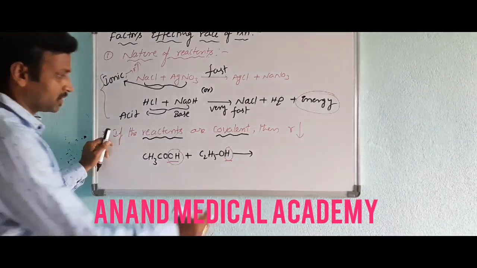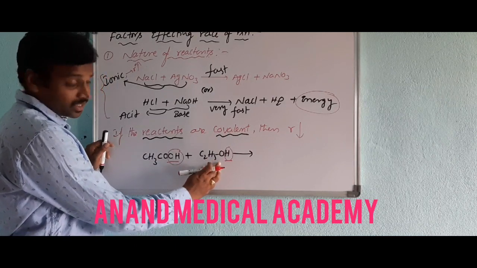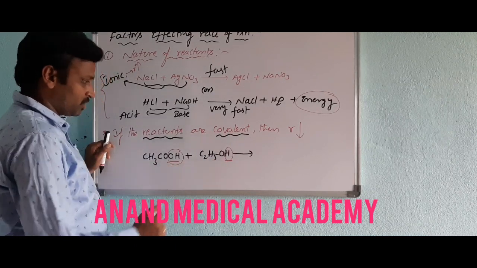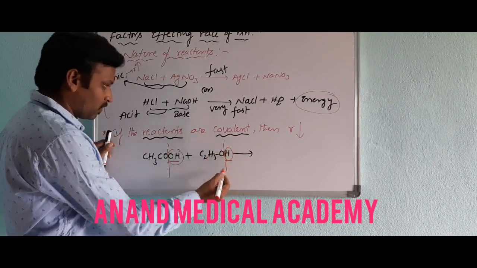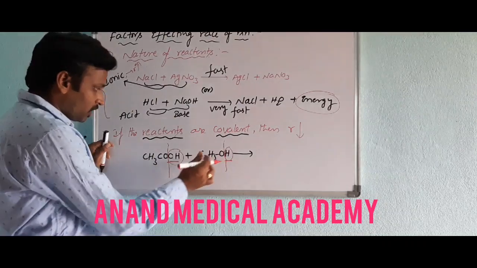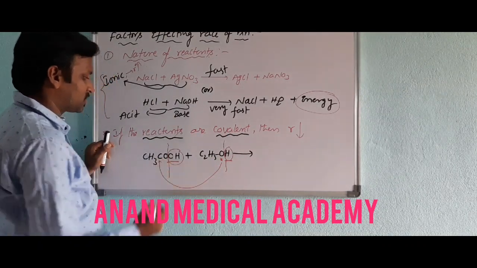This is esterification. OH bond cleavage takes place easily because here the C-O bond is more covalent. That's why here H and here OH, meaning old bonds have to break. This bond has to break and this bond has to break. Then a new bond has to form between this oxygen and this carbon.